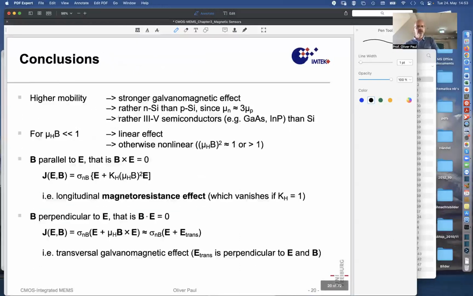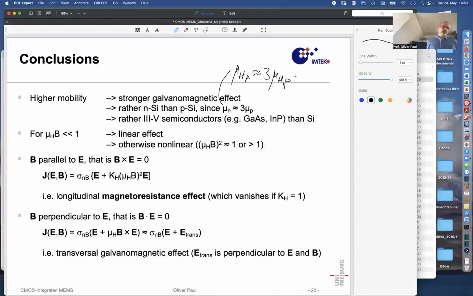And so that is the reason why one takes n silicon rather than p silicon, because mu n is about 3 times as large as mu p, and therefore mu H of electrons is about a factor of 3 larger than mu H of holes.